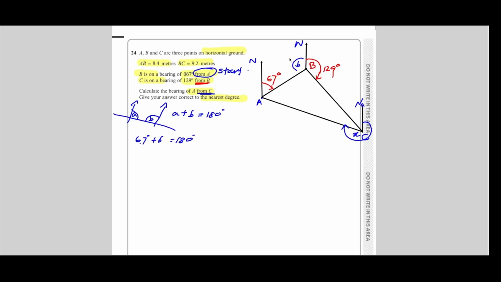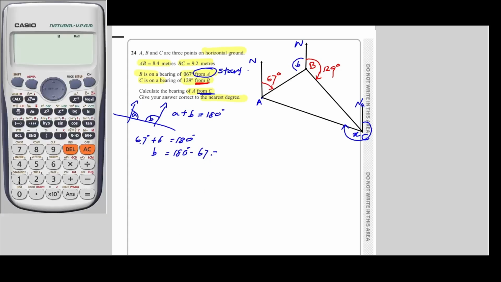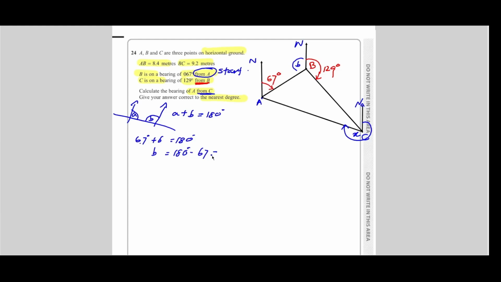Because these two north lines are parallel lines, these two angles are interior angles, and interior angles add up to 180. Then B equals 180 minus 67, which gives 113. So we got this angle as 113.